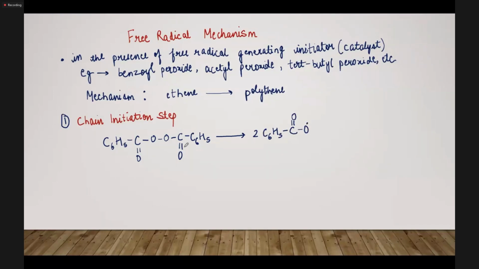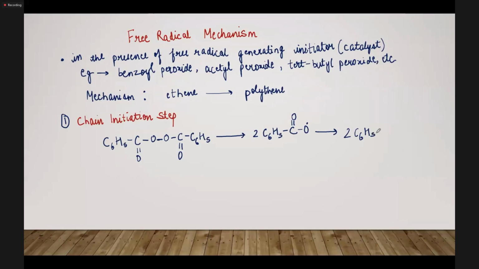तो बेसिकली हो क्या रहा है कि ये वाला जो बॉन्ड है, this is breaking down. ठीक है, the bond between two oxygen atoms is breaking down into two free radicals. ठीक है, तो इस वजह से यहाँ पे ये 2 आएगा, and this further breaks down. CO2 is released, and this breaks down into phenyl free radical. ठीक है, तो you should understand कि बेंजाइल radical अलग है और phenyl radical अलग है.